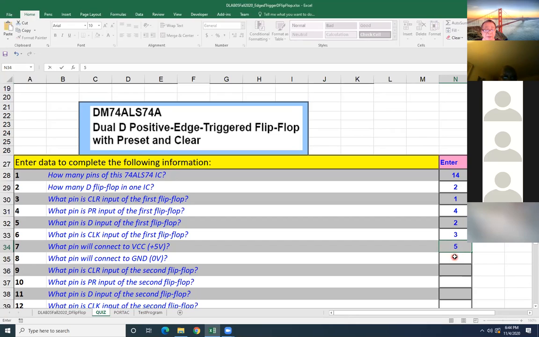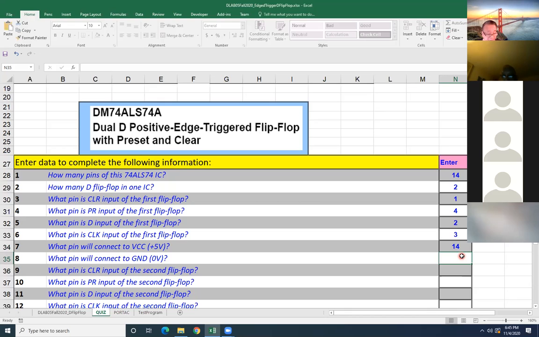Wait, now I'm confused. Clear. No, number 7 is 14. I think the diagram has it the wrong way round. Number 8 is 7, right? Okay, number 7 will be 14.